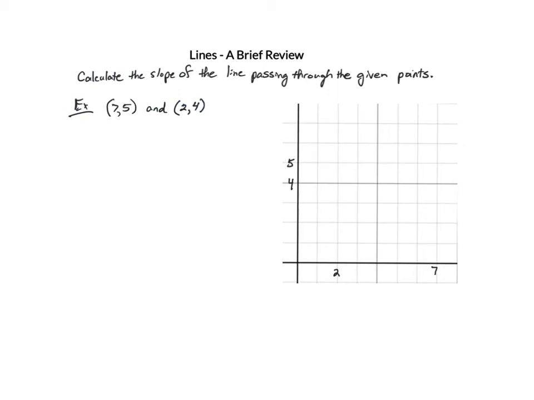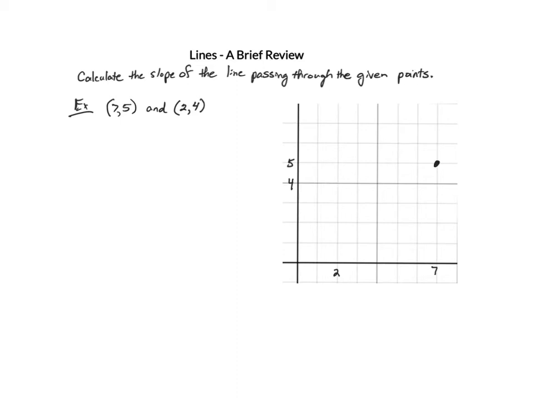Suppose we were supposed to calculate the slope of a line passing through a couple of given points when the line wasn't provided. Well, one way is to just graph the line. For example, suppose I'm supposed to calculate the slope of the line passing through 7, 5, and 2, 4. I can put 7, 5 right here on my graph, 2, 4 right here.